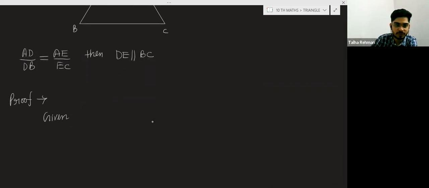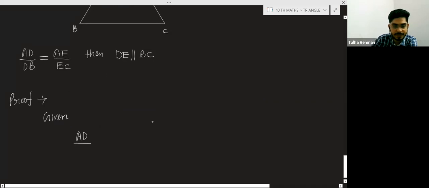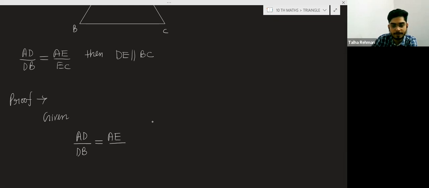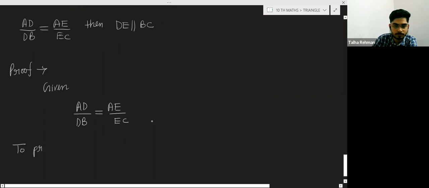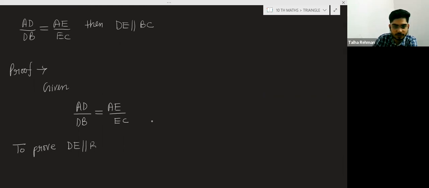So this is given: AD by DB is equal to AE by EC. And what we have to prove? To prove: DE parallel to BC. This we have to prove.